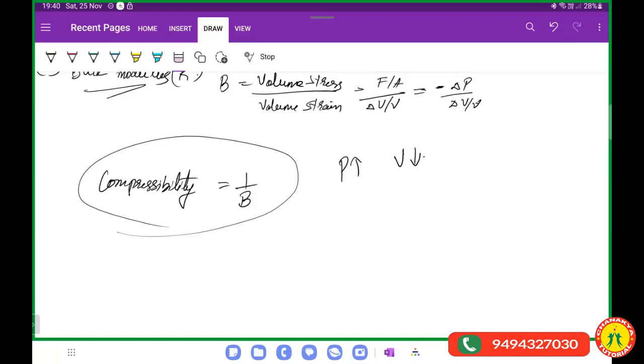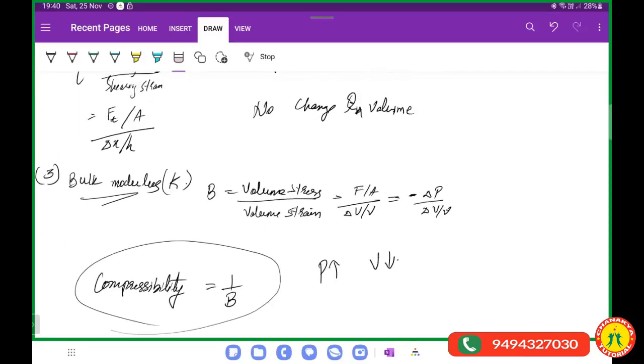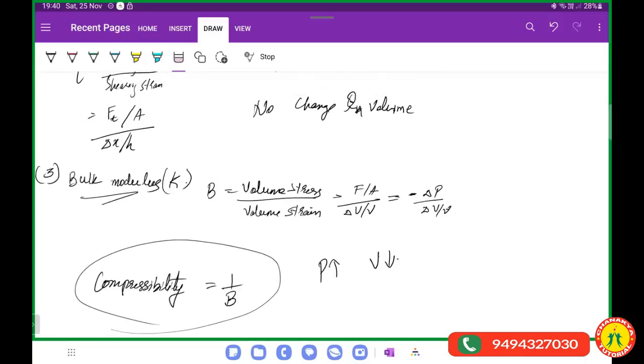We'll do all the exam questions, not just JEE. Okay, peeps. Chalo, done with this one. The next class is on Monday. Monday we will have Poisson's ratio, and most probably we'll end this chapter. Then we will have liquids.